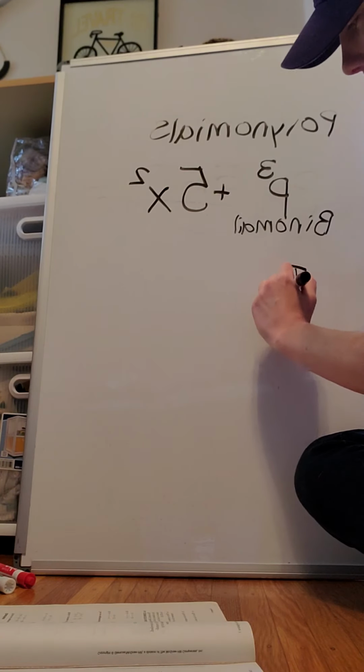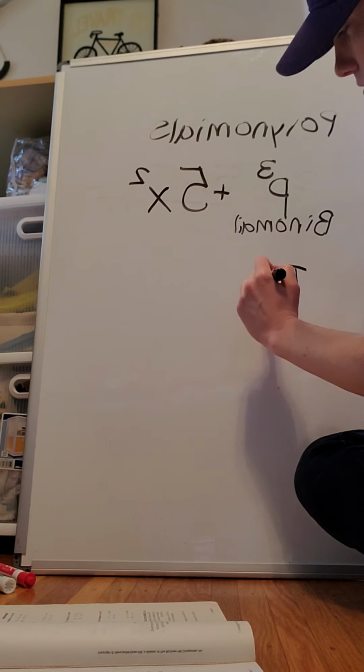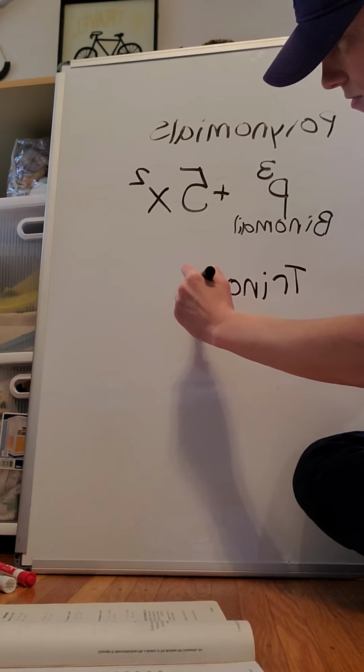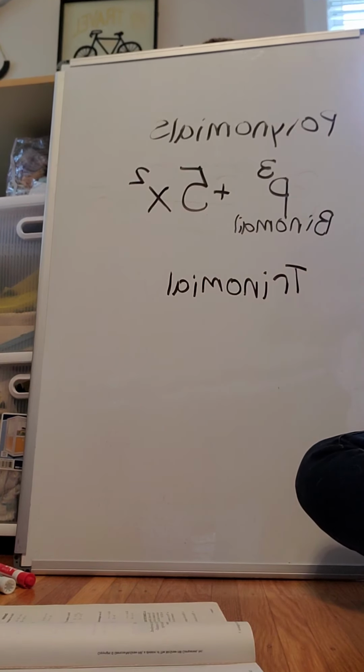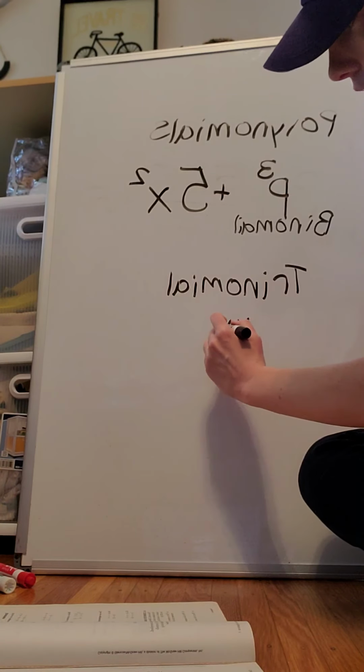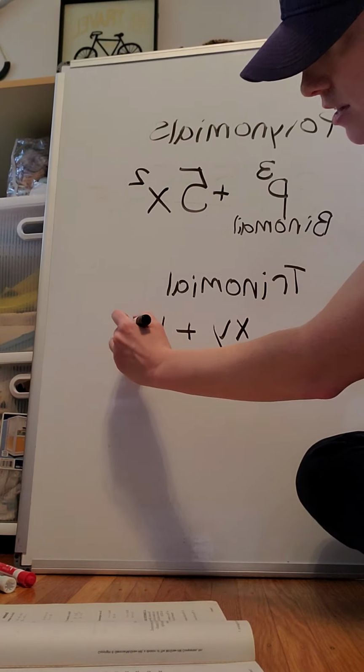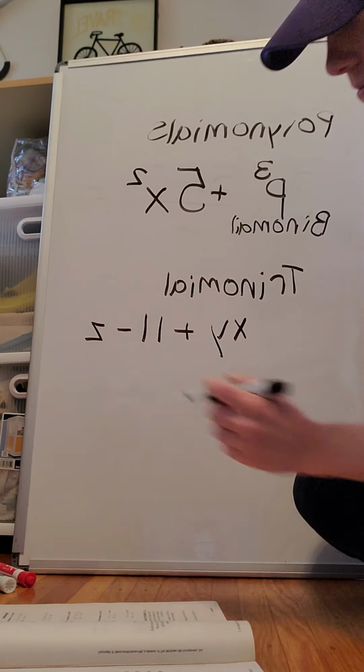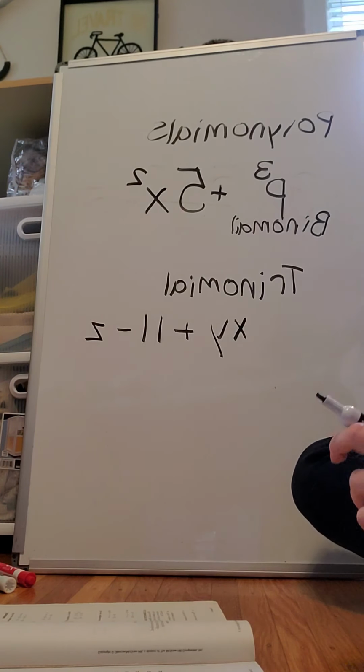A trinomial will have 3 terms, 3 monomials. So if it was like xy plus 11 minus z, that's a trinomial.